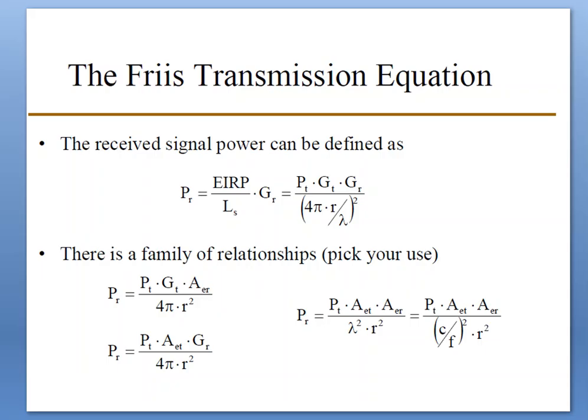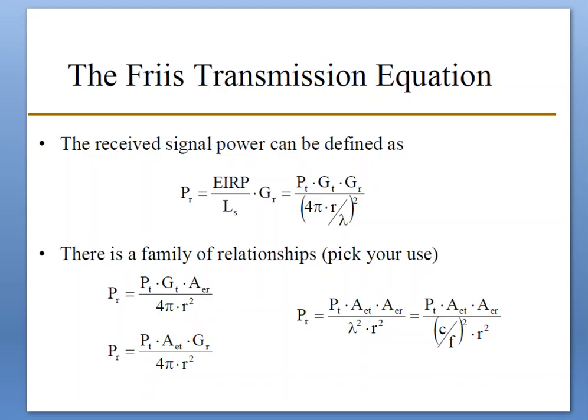Now it can be rearranged in a familiar relationship with respect to PR and PT. PR is equal to PT multiplied by G and effective area, whole divided by 4 pi R square. That implies PT AE into GT GR divided by 4 pi R square.